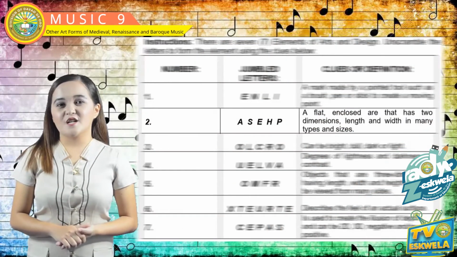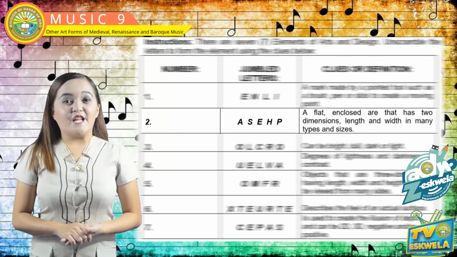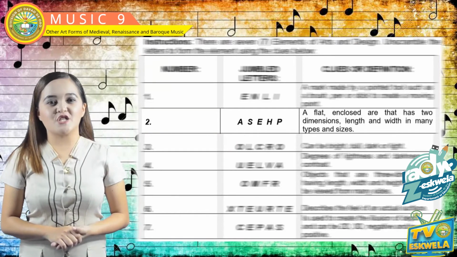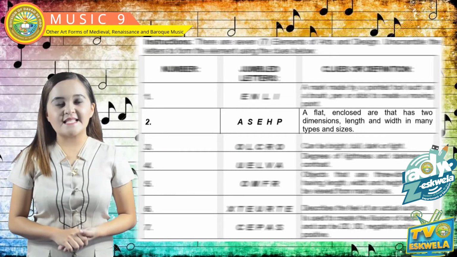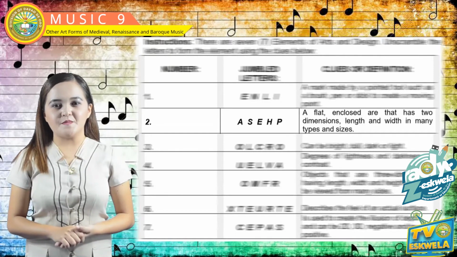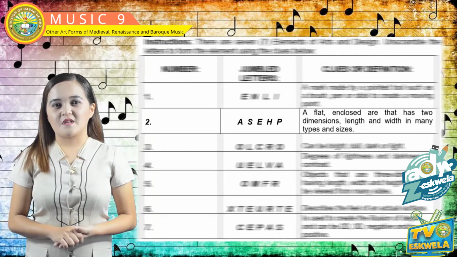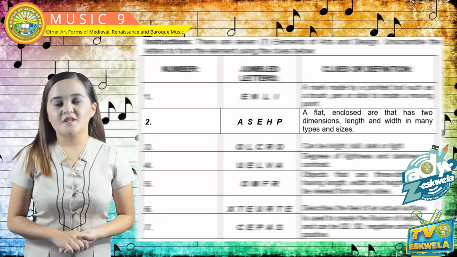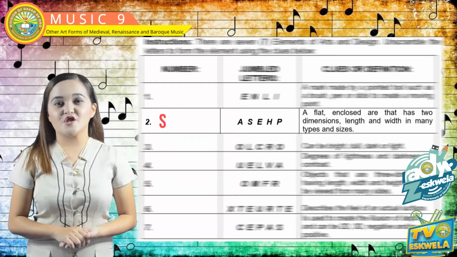Let's proceed to number 2. A flat enclosed area that has 2 dimensions, length and width, in many types and sizes. What's the answer? Very good! The correct answer for number 2 is shape.